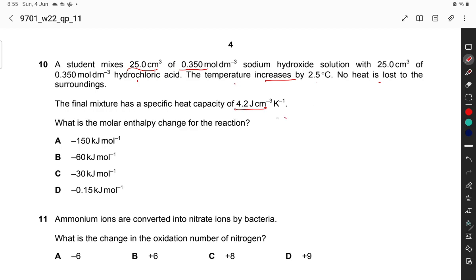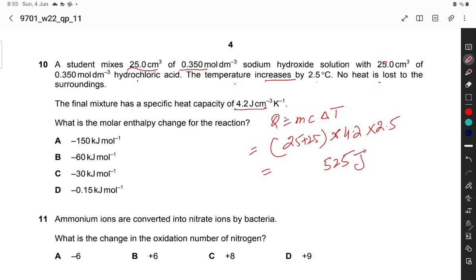So Q is equal to mc delta T. Total volume is 25 plus 25 into 4.2 specific heat capacity into temperature increases by 2.5 degrees centigrade. So this is equal to 525 joules.